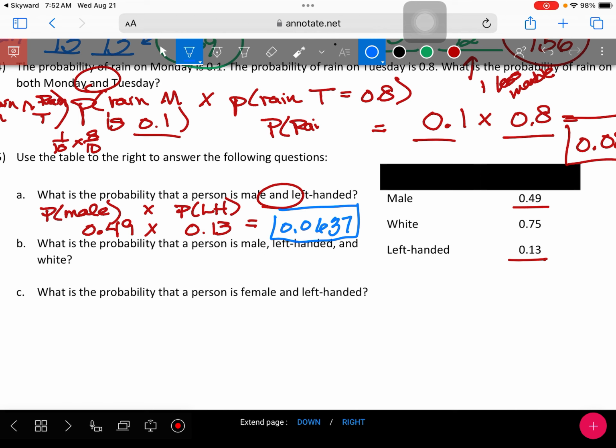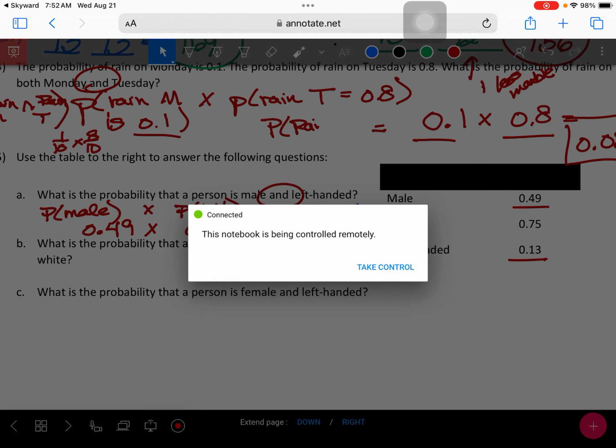Letter B. What's the probability that a person is male, left-handed, and white? So we need to do all three of those.